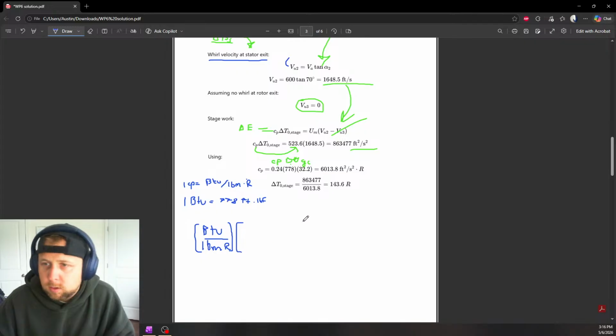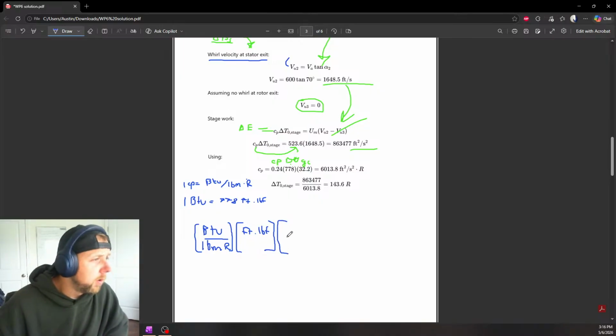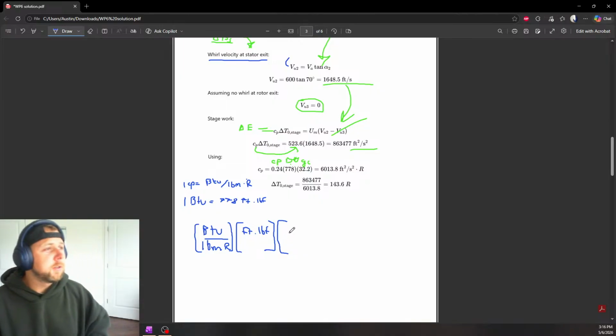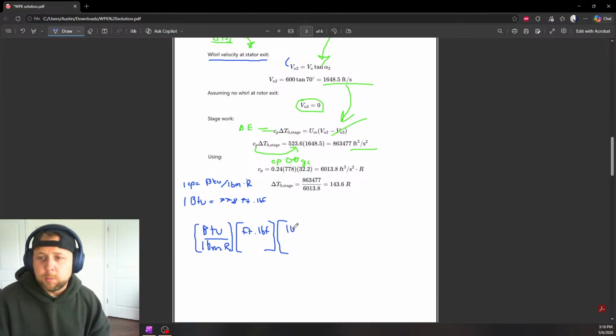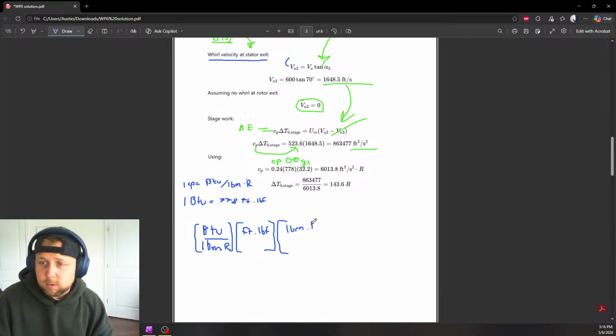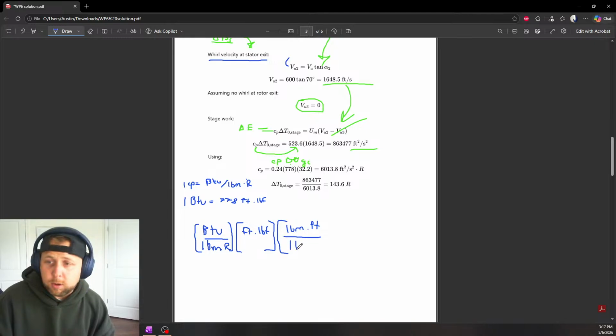times our foot pound force times 32.2, and that is our GC, gravity constant, which is actually pound mass foot per pound force second squared.